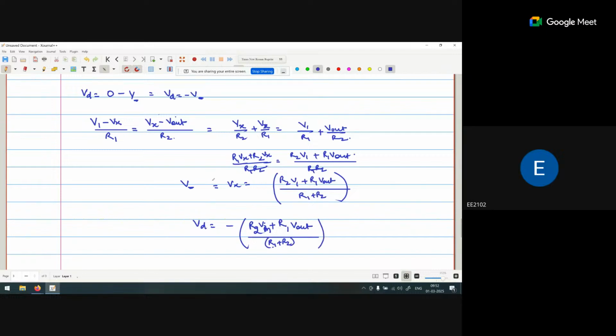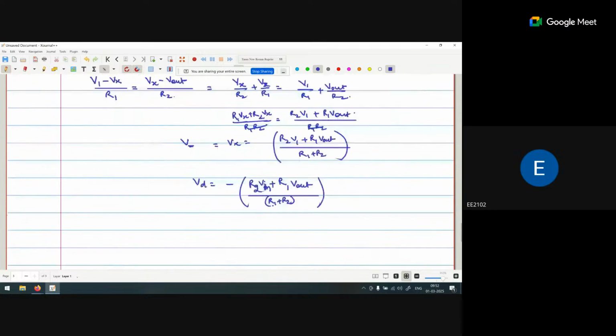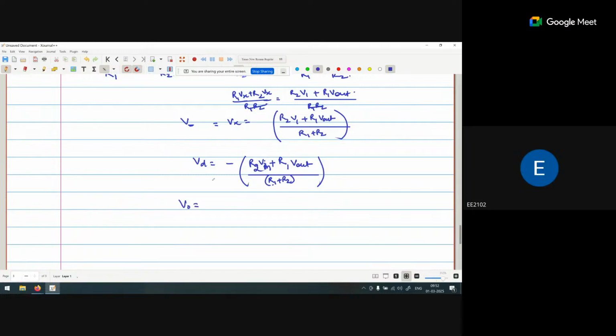And if I put Vd in this equation, V naught is Vd times omega U by S, which is equal to minus of (R2 Vin plus R1 V out) upon (R1 plus R2) times omega U by S. Now we can solve this one to calculate.